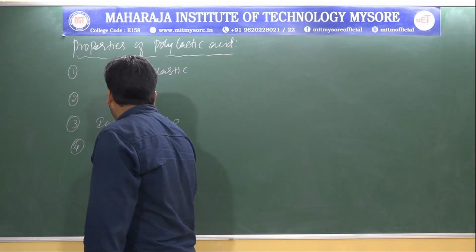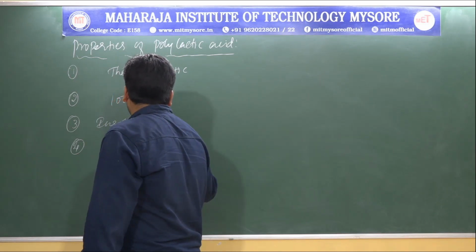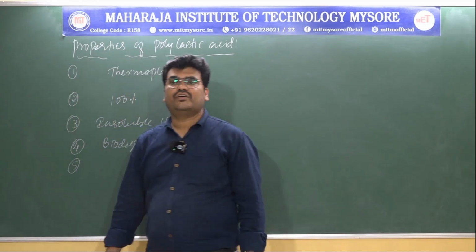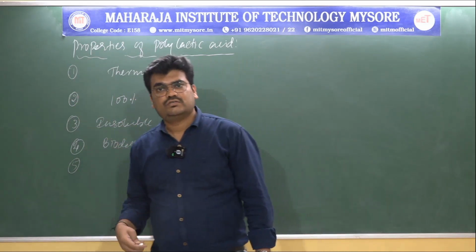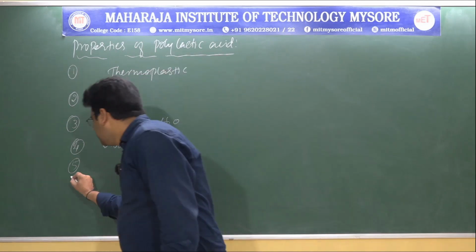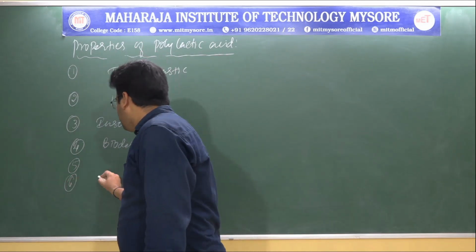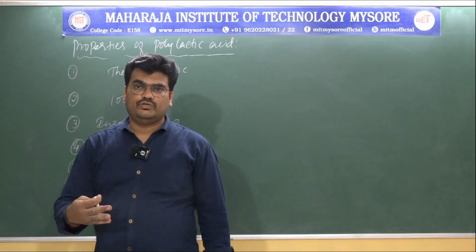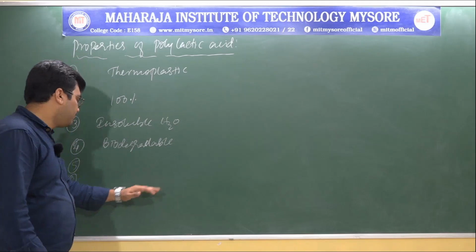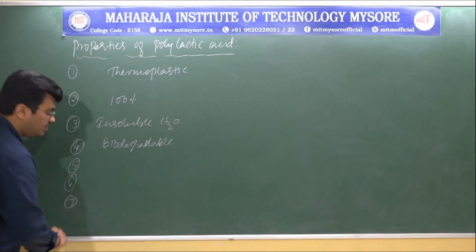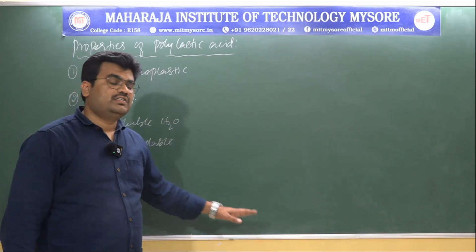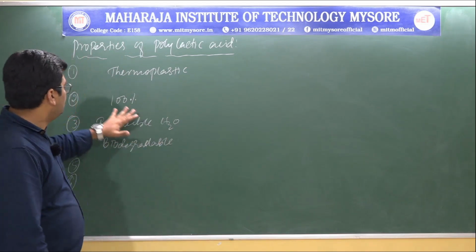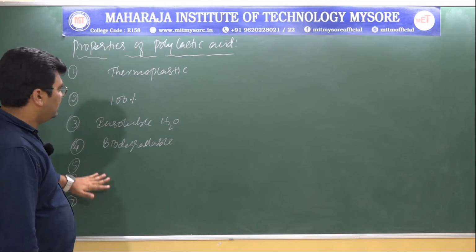And coming to clarity and glossiness, they are very similar to other types of polymers. The sixth one is that it requires around 15 to 20% less fossil fuels to produce, so they are environmentally friendly. And lastly, polylactic acid is highly crystalline and has a high melting point, right? So these are the properties of polylactic acid.